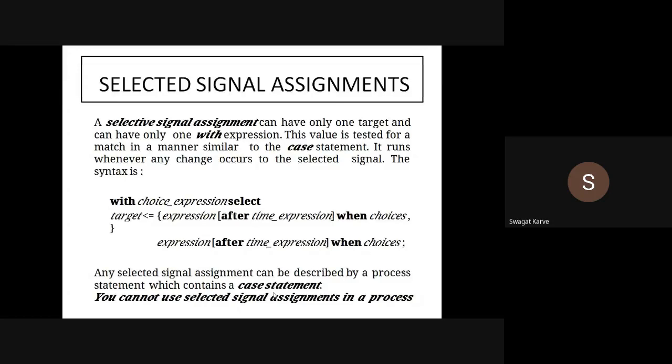Right, now the syntax for this same: with expression, select, then target expression, target name, when choices expression. म्हणजे जर का तुम्हाला सिग्नल असाइनमेंट स्टेटमेंट you have to use with some particular choice. म्हणजे ते सिग्नल असाइनमेंट स्टेटमेंट जर का तुम्हाला कशावर डिपेंड ठेवायचं असेल तर त्यासाठी हे selected signal assignment. म्हणजे मागचा जो आपण पार्ट पाहिला concurrent signal assignment किंवा conditional signal assignment, हे ते signal will get allotted depending on condition.